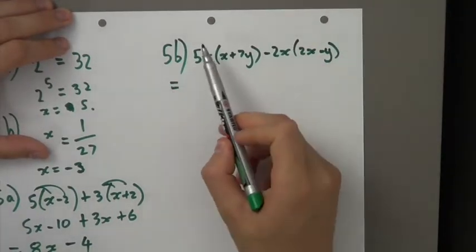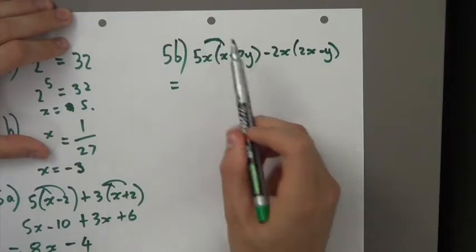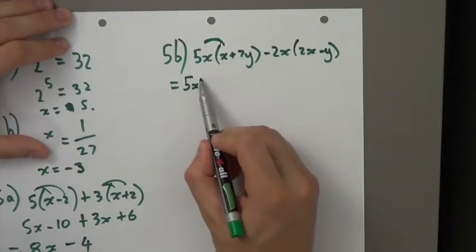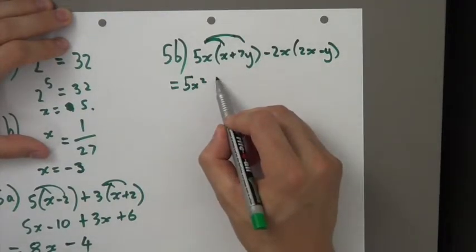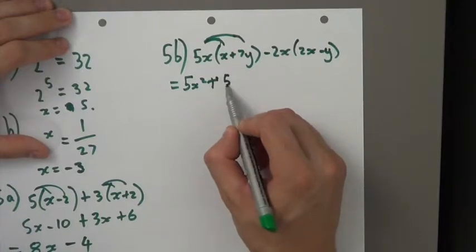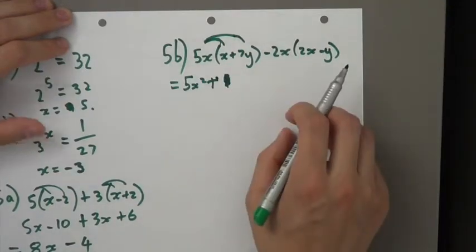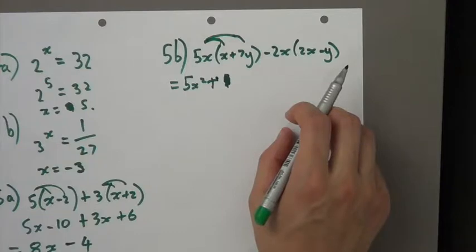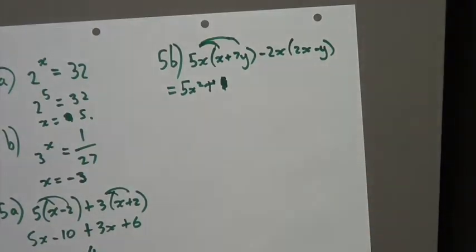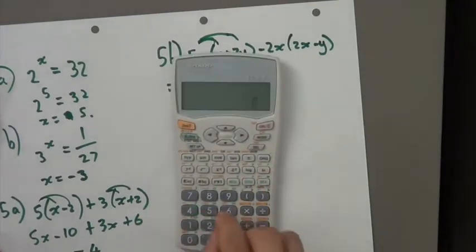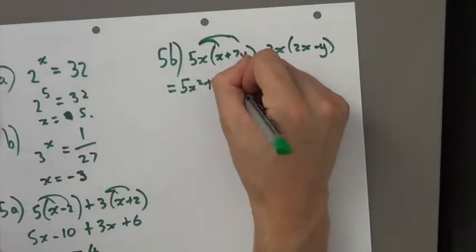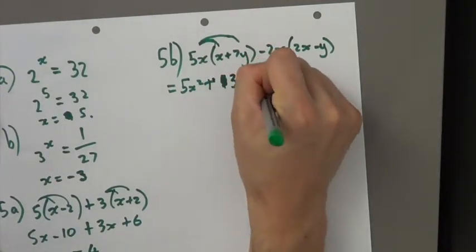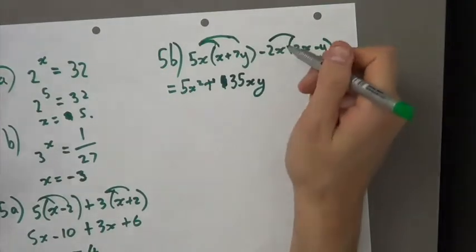So, again, same rules. 5 multiplied by x is 5x squared. 5x multiplied by 7y is positive. 5 times 7 is 35, so 35xy.